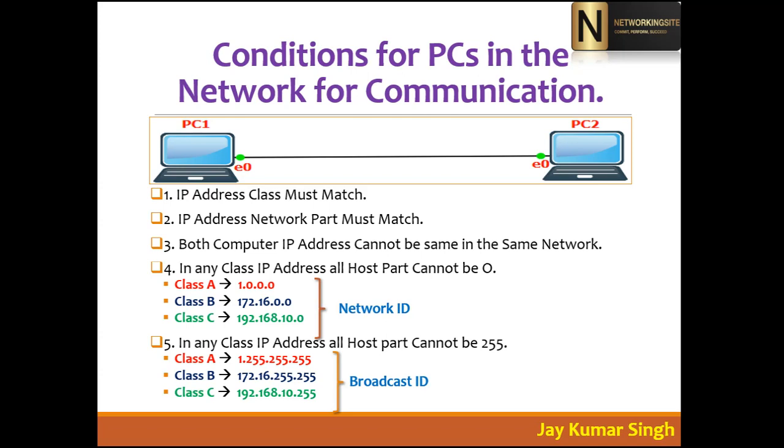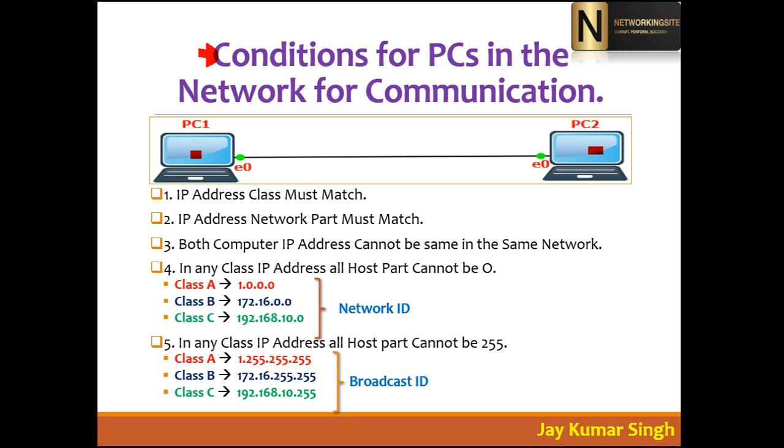So we have to understand the conditions. What conditions have been given to computers to communicate? Which type of IP address should I use? On PC1, I should communicate to PC2, right? So what are the conditions for PCs in the network for communication?